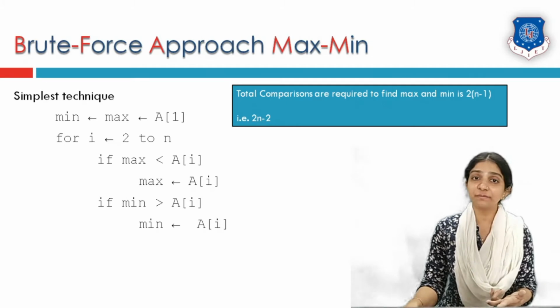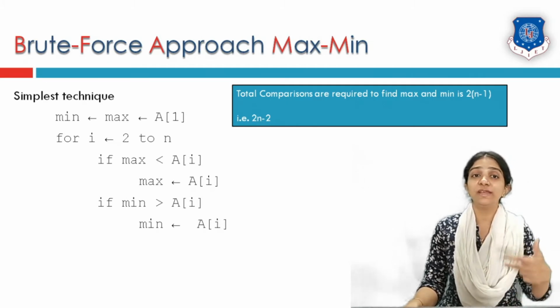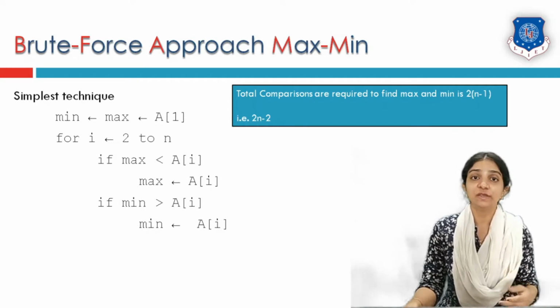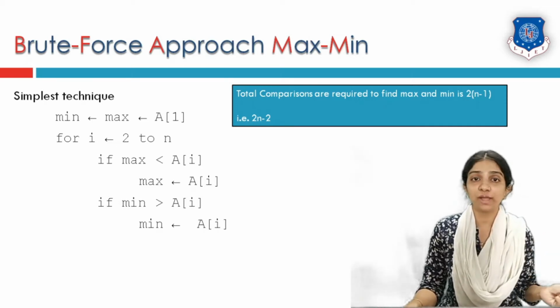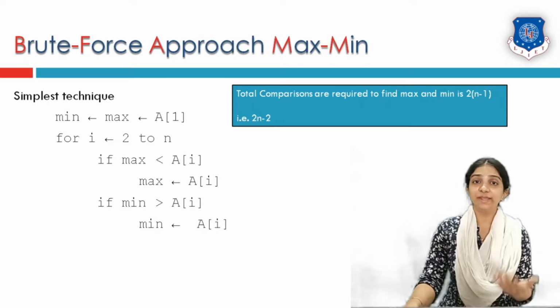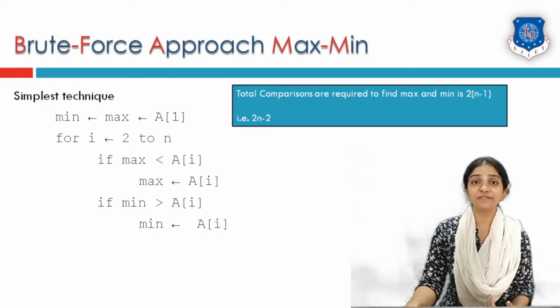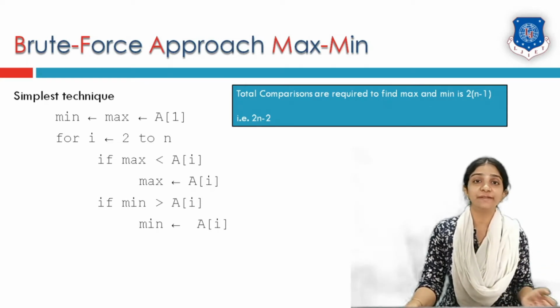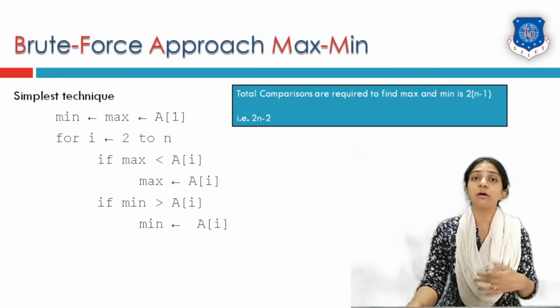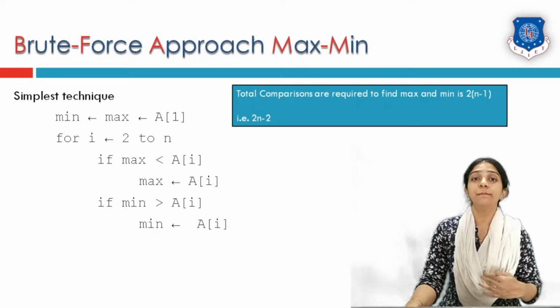There are two statements, which means this loop is executing two comparisons every time. So the number of steps within the for loop are 2 into n minus 1, which is equal to 2n minus 2. In this way, the number of comparisons done are 2n minus 2. So the complexity of the brute force approach of max min problem is big O of n.